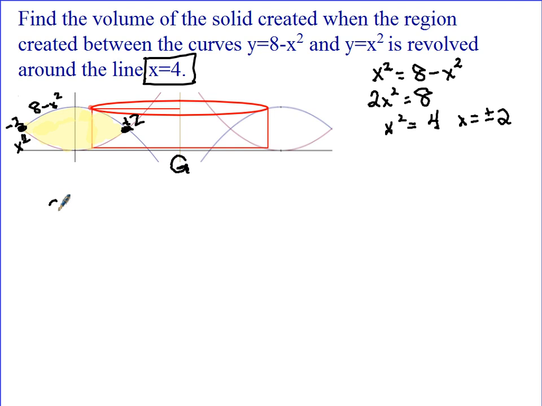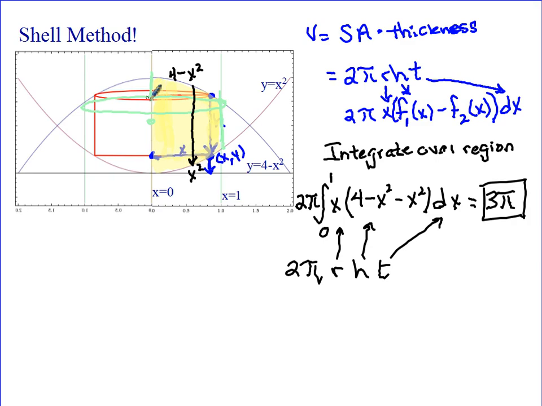So remember, we need 2 pi, radius, height, thickness, right? So the radius here is a little funny. If we remember from the last problem, we said that the radius was x. And we said that because it was a point on the curve, and a point on the curve to there would be x, because that's how far, if I follow it down, that's x on the x-axis.